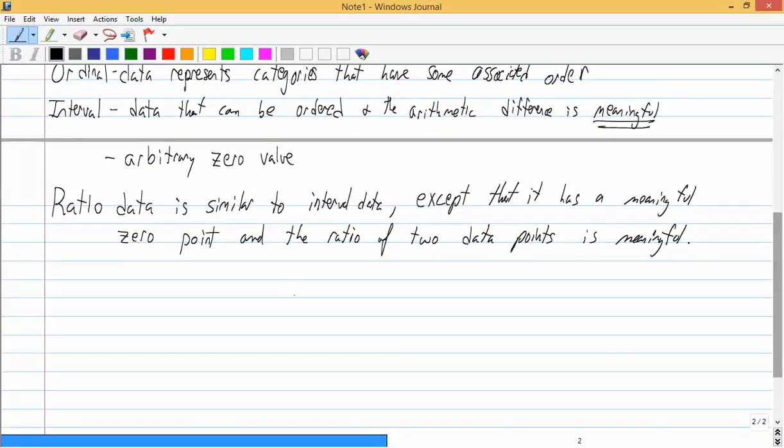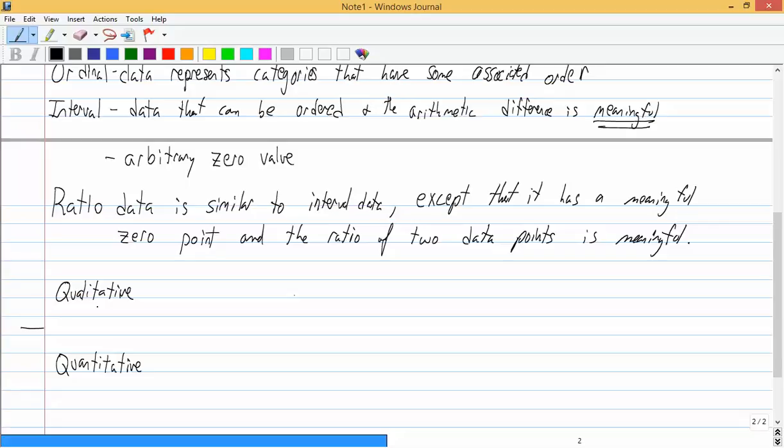Now, qualitative and quantitative data. So data is either qualitative or quantitative.